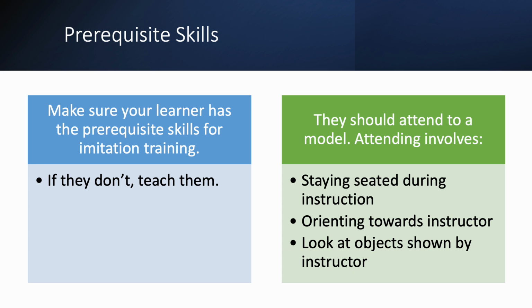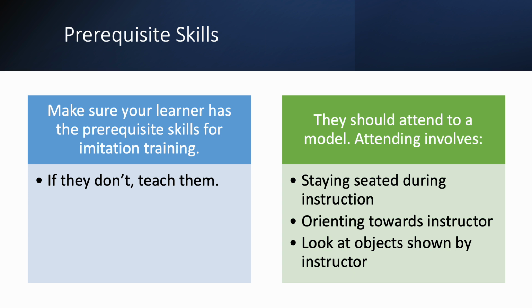And so when the client doesn't copy the model because they didn't see the model, the therapist is then going ahead and prompting the skill, and having the learner engage in the response. And then they're marking it as incorrect, or that they needed to be prompted to engage in the skill. But really, the learner didn't get a good opportunity to see the model.